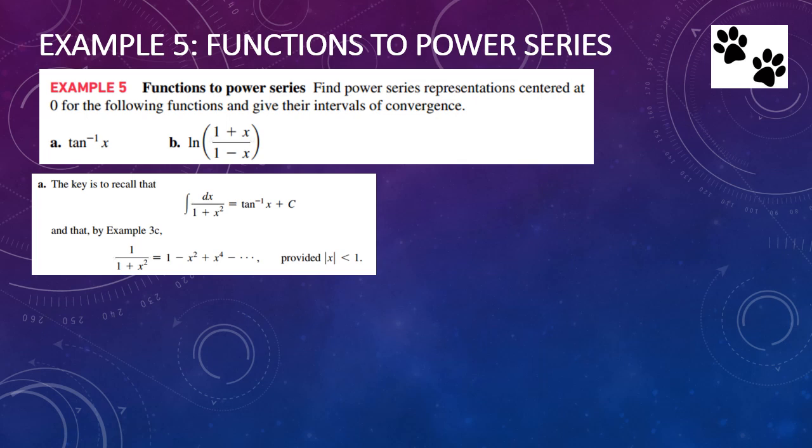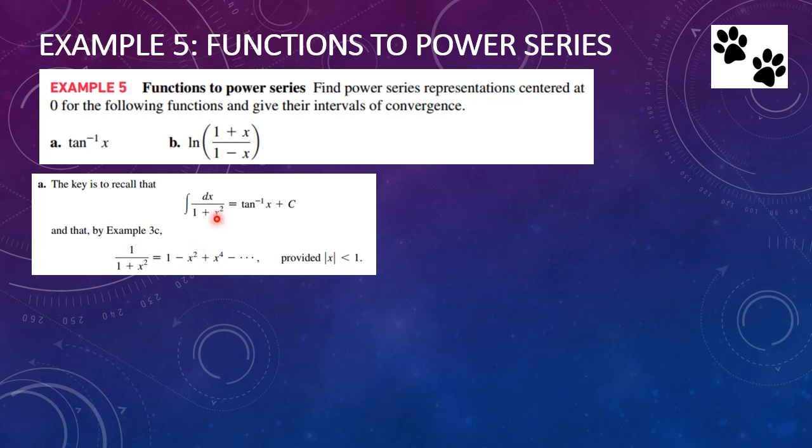So the integral of that will equal back this original function. The integral of 1 over 1 plus x squared gives us inverse tangent plus, of course, the constant of integration. Well, if you look at example 3c we just did a few minutes ago, when we substituted in x squared for x in the geometric series 1 over 1 plus x, we got this series of terms here, 1 minus x squared plus x to the 4th, etc.